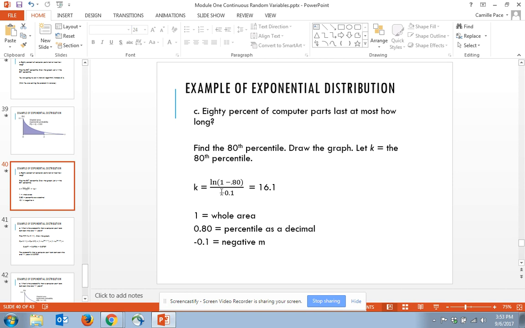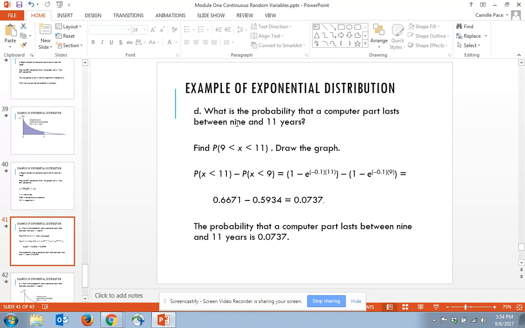It's going to be ln of 1 minus 0.80, which is the total area minus the part I want, divided by, do you guys remember what that is? It's negative 0.1, which is negative m. And I've got it down here of what that is. So that gives me 16.1. So that means how long they'll last is 16.1.